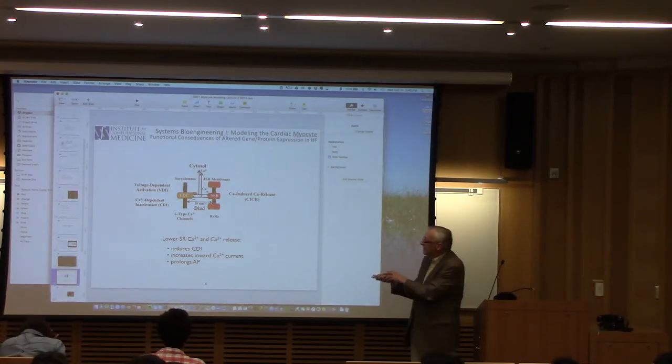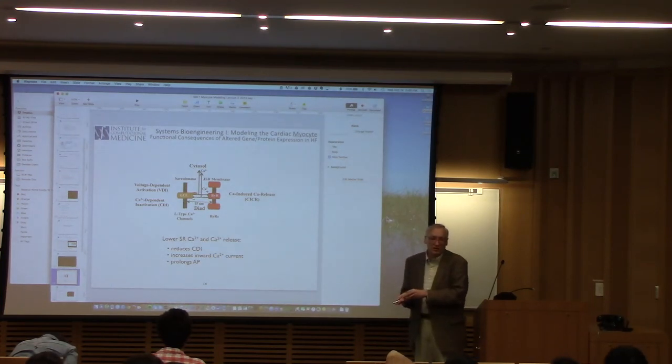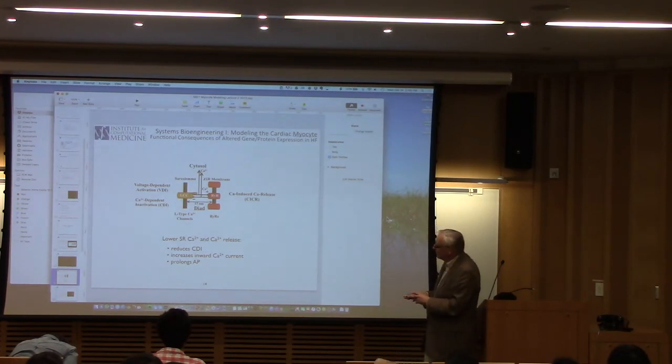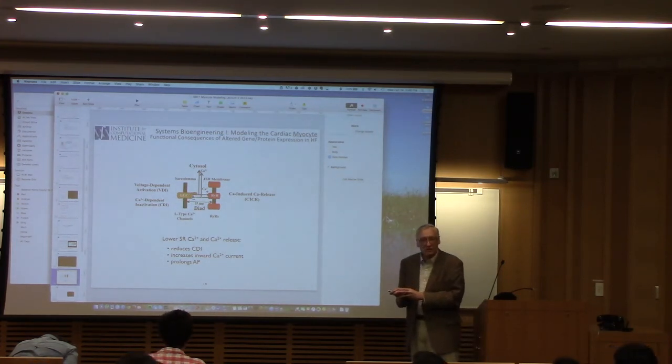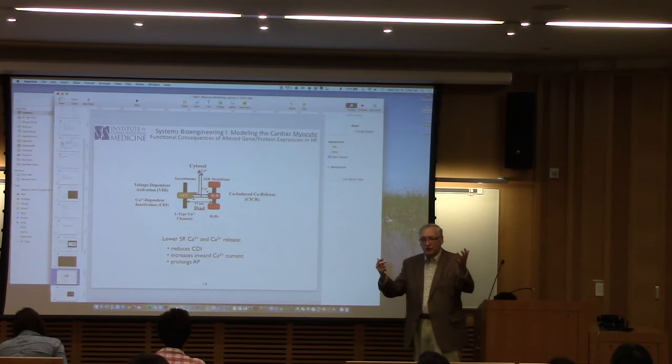And that calcium then binds to a molecule called calmodulin, which is tethered to the L-type calcium channel. This is one of David's contributions. And binding of calcium to calmodulin then induces inactivation of the calcium channel. Inactivation meaning that the channel will tend to transition to states from which it can't open.